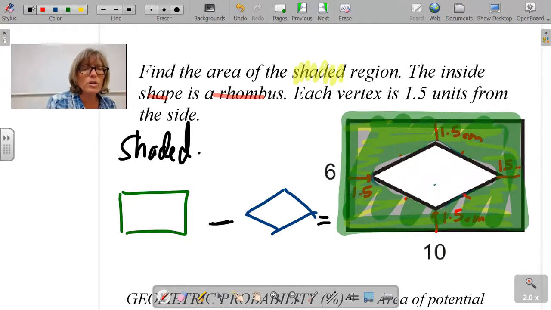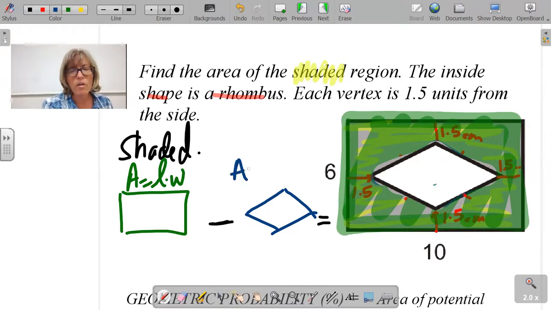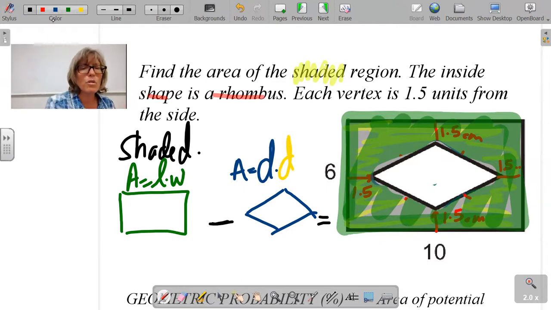Now, let's write our equations down. Area of a rectangle, area equals length times width. Rhombus, area equals diagonal times diagonal over 2. Diagonal times diagonal over 2.